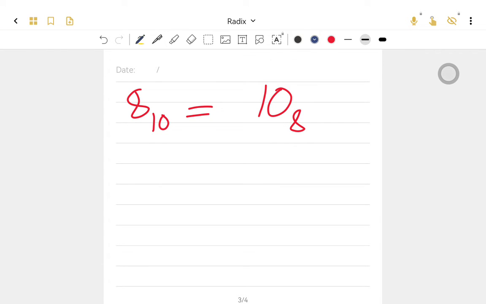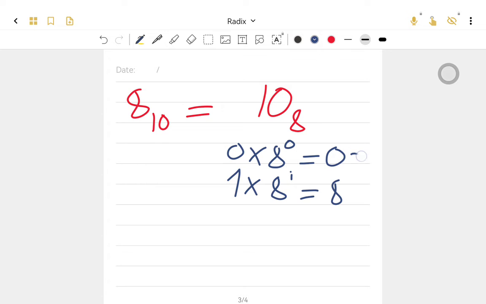Okay, as shown earlier, we have 0 times 8 raised to the power of 0, that is 0, and then 1 times 8 with the power of 1, that is 8. Of course, you are going to plus 8 and 0, that will give you 8. So we have here 8.